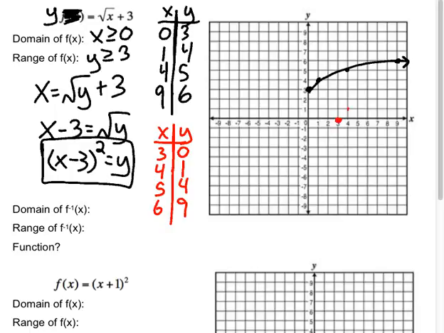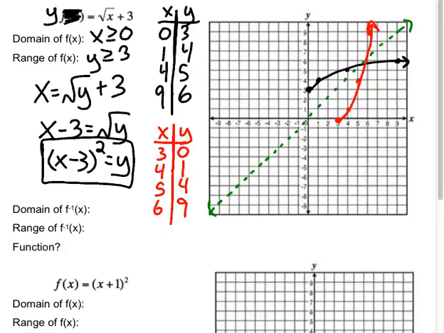So 3, 0, 4, 1, 5, 4, and 6, 9. And I'm getting that, okay? And if you notice, once again, that is an exact mirror image across that line.